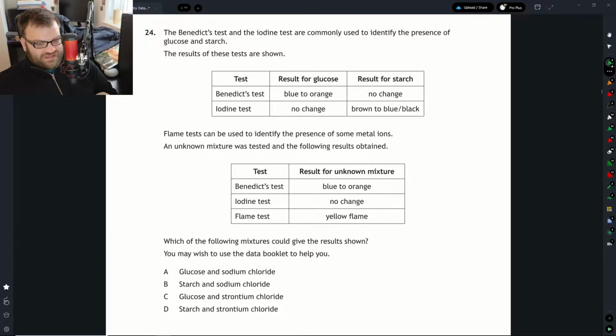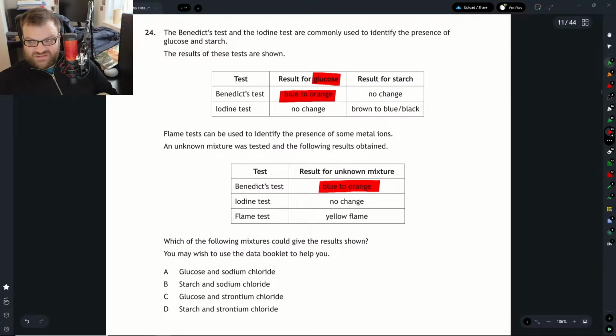So, either glucose or starch. The results they say is that Benedict's turns from blue to orange, and this means that there would be glucose present. No starch, because starch would have gone blue-black with iodine. So starch and iodine would give you blue-black. Right, so there's no starch.